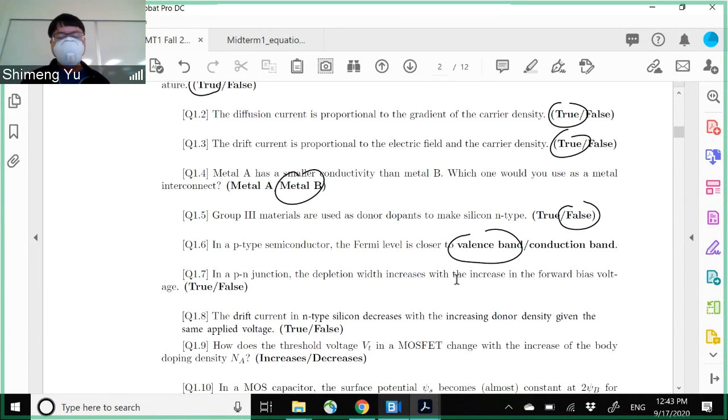We have P-type interface with N-type. Those electron and hole will recombine with each other. So in the middle, there will be a region where the carriers are depleted.